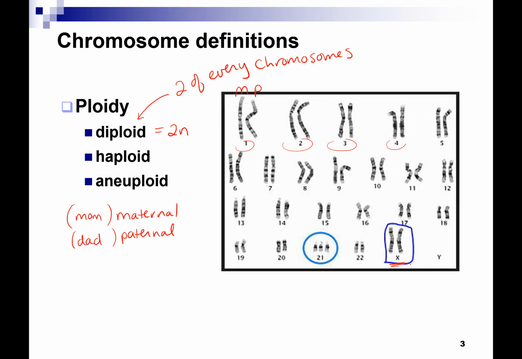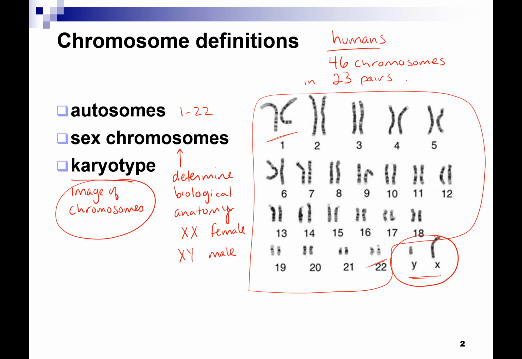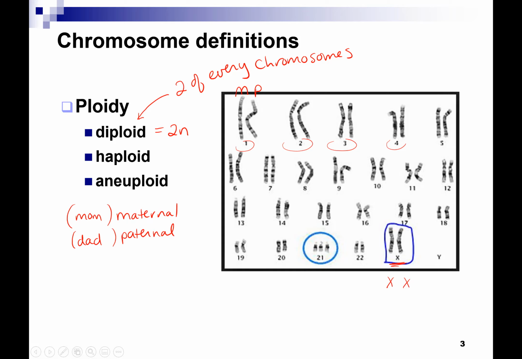So if you're XX female, you get an X from your mom and an X from your dad. And if you're XY, you get your X from your mom and your Y from your dad. And we will see this more in genetics. So diploid means we have 2 sets of chromosomes.